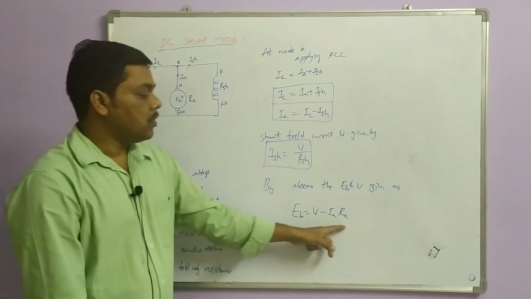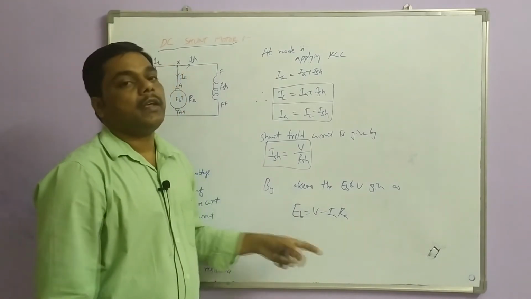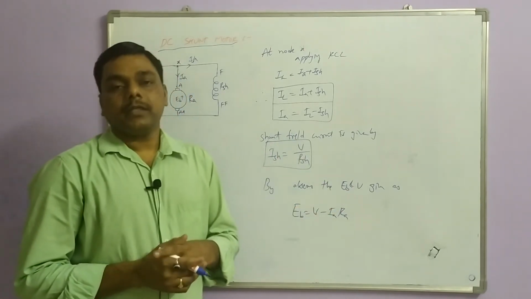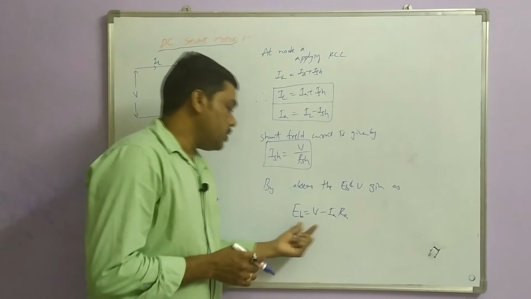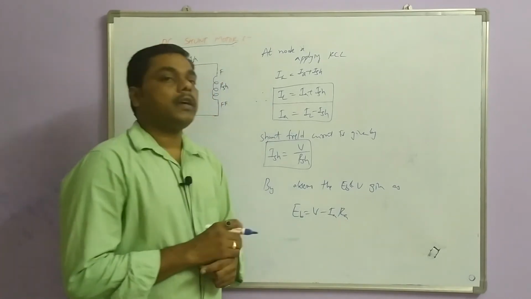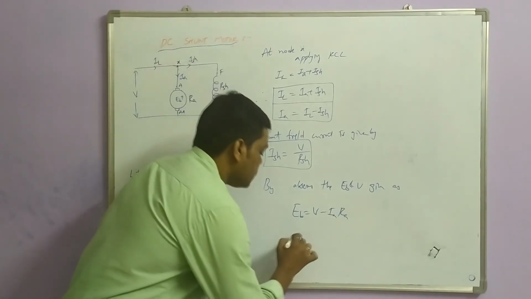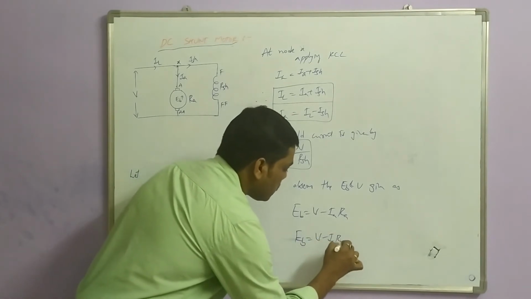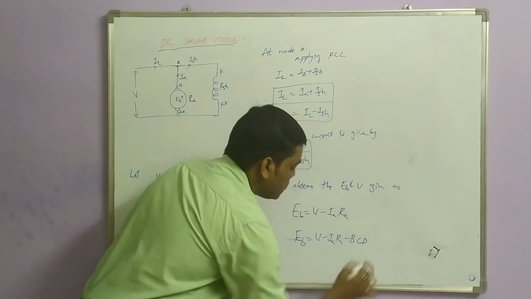So EB is equal to V minus IaRa, similar to the previously discussed separately excited motor. Okay, so EB equal to V minus IaRa. Moreover, if there is a brush drop, EB is equal to V minus IaRa minus BCD also.